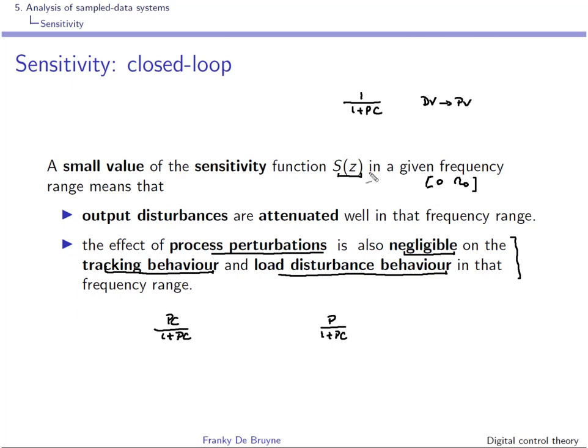So if S of Z, the sensitivity function, is small in this frequency range, this means that in this same frequency range the output disturbances will be attenuated very well.